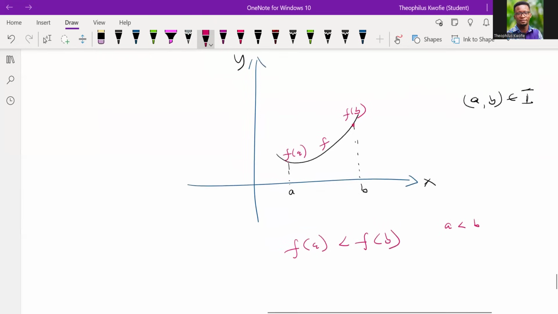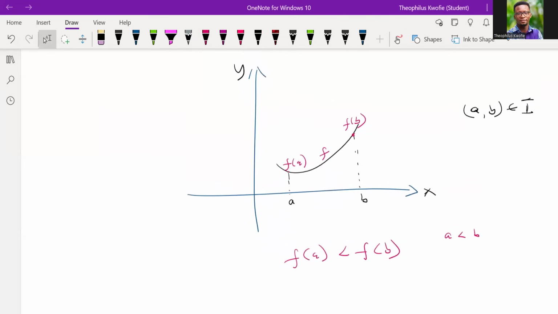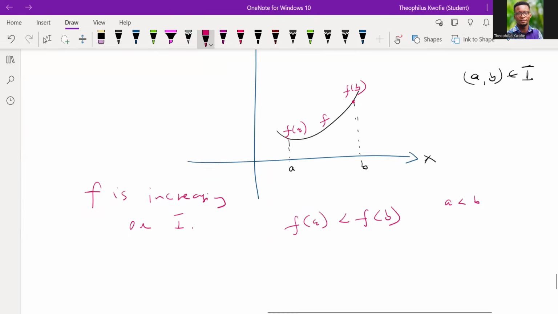Is that okay? Good. So this is where we say that f is increasing on the interval I. If at this point you don't understand anything, please put your question in the comment section, and I will attend to you.